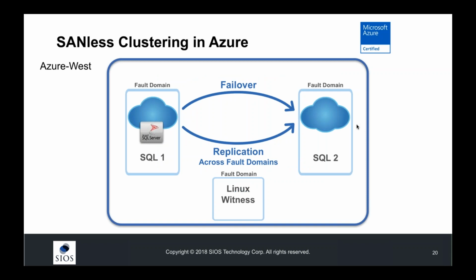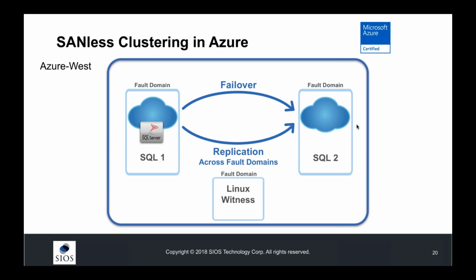So getting into the Microsoft flavor of cloud providers out there, you could see we have Azure West as the region, and then different fault domains would be used for the set of cluster nodes and cluster members. And then you'll see this new thing called a Linux witness. On the Linux platform, we don't have the opportunity to use a file share witness like the Microsoft platform has.